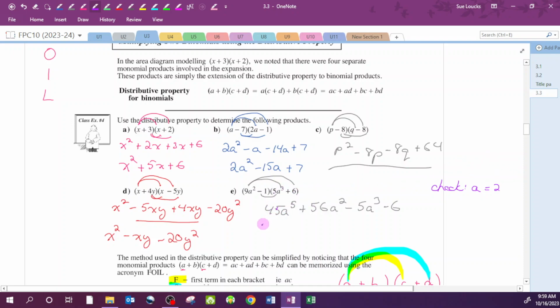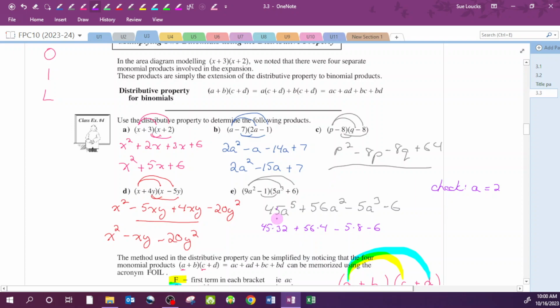So if I come down to the bottom bit here, this is going to be 45 times 32 plus 56 times 4 minus 5 times 8 minus 6. Now, do you use a calculator for this? Yes and no. I would do that piece of it without a calculator because I know those number facts. I have them cold. Hopefully, I'm not going to make a mistake on them, and it's easier to do it in my head than with a calculator.